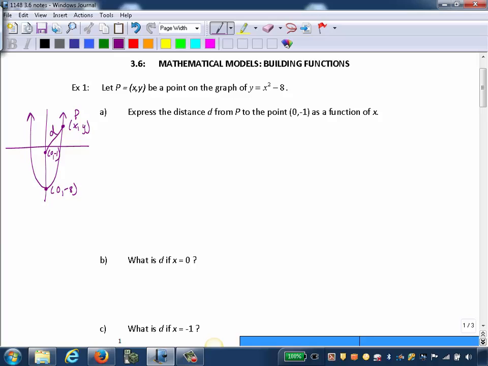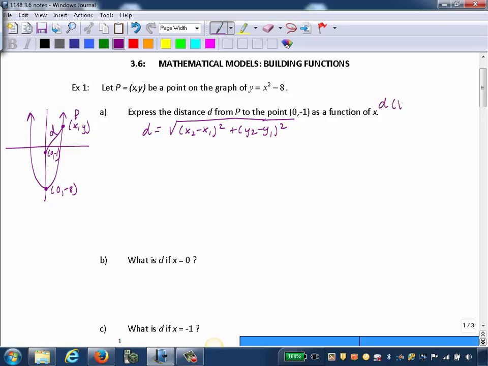So let's first recall the distance formula for the distance between 2 points. That's the square root of (x2 minus x1) squared plus (y2 minus y1) squared. Here we've got to change all these variables to x's in order to have this be a function of x.